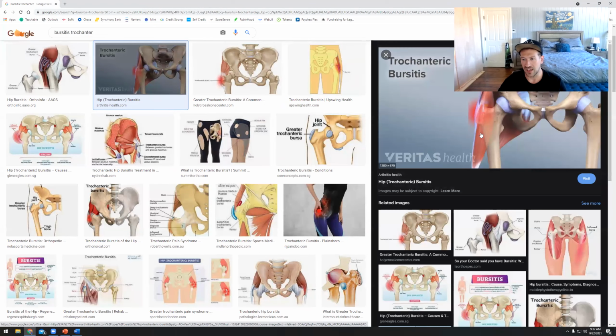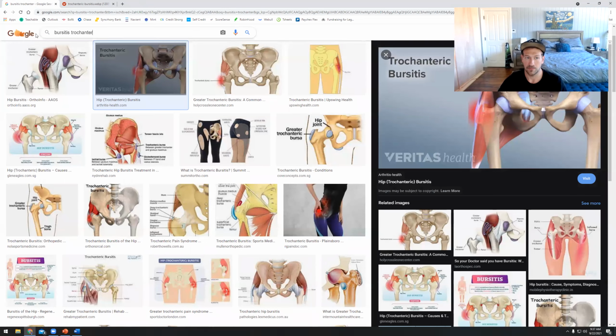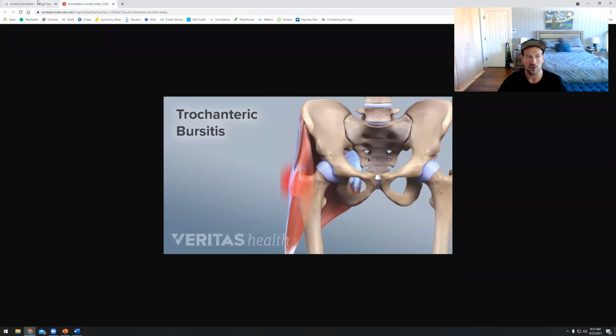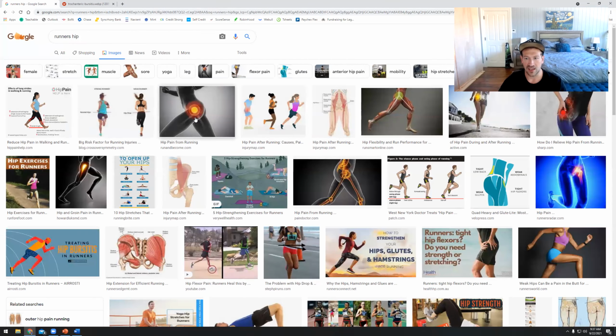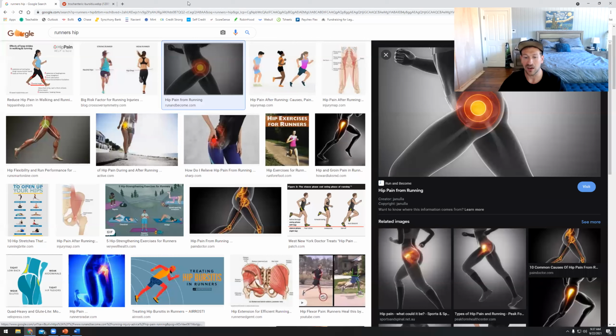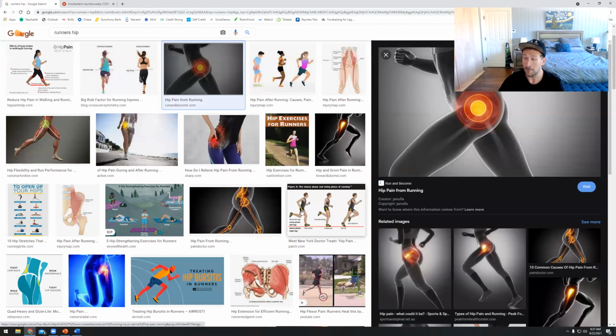If you look at the side of your hip here, sometimes you'll have a client who gets what is called runner's hip. Looking at this inflamed picture, I'll bet I could find the same picture if I type in runner's hip. You'll see this inflammation of this area right here. It's where this little fluid-filled sac, the muscle has to run along the greater trochanter, that big projection coming off the femur.